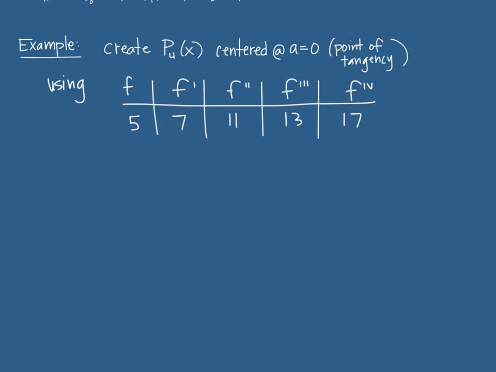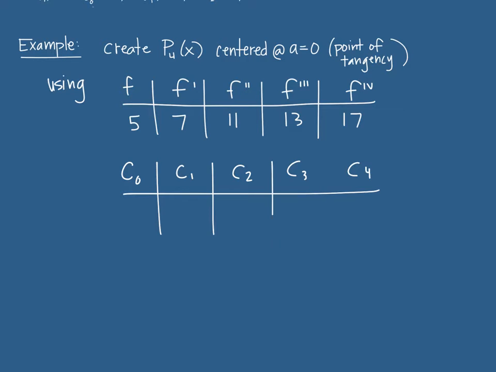Okay, now let's find our coefficients. So I would say let's find our coefficients C0, C1, C2, C3, C4. All right, the first coefficient takes the original f and divides by 0 factorial.